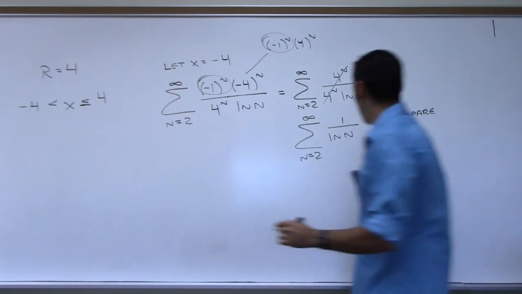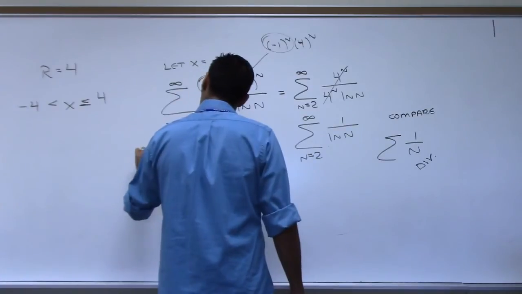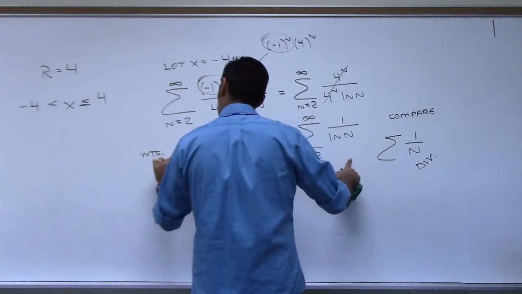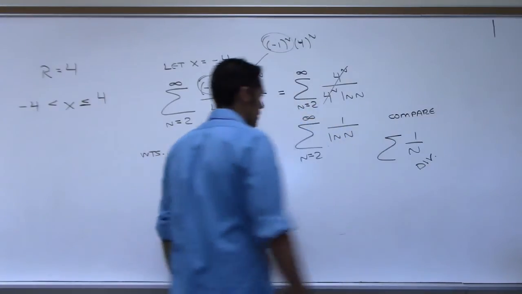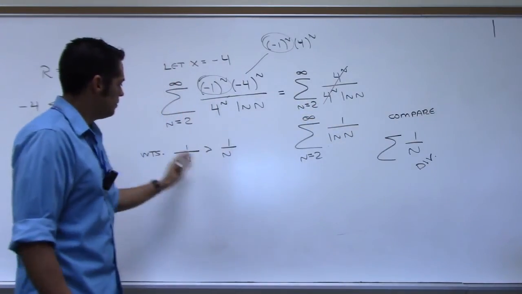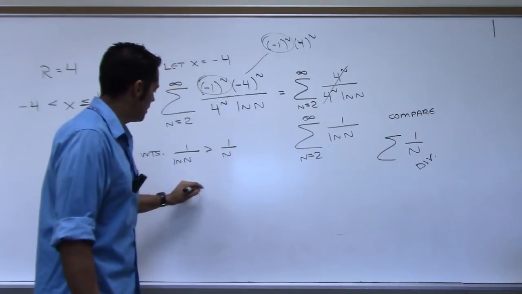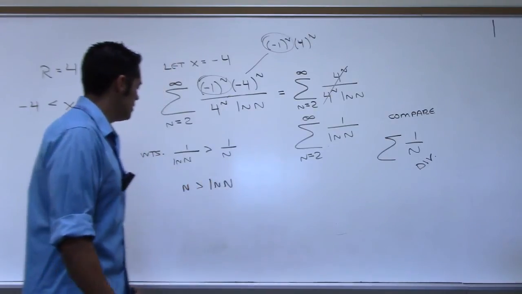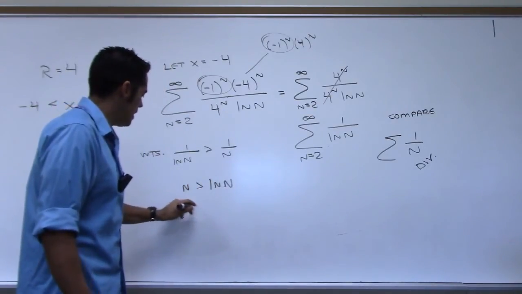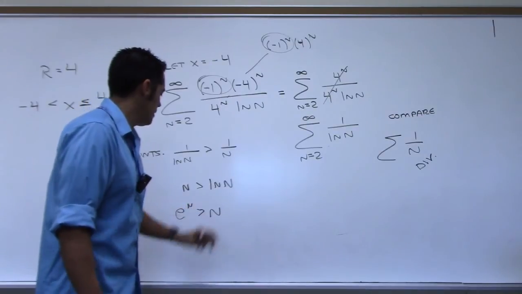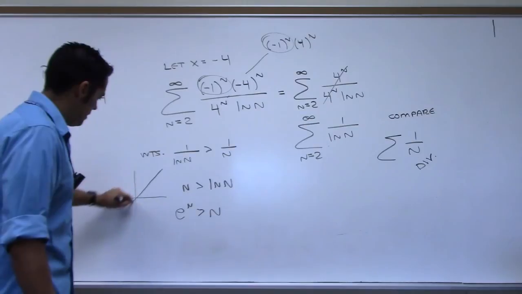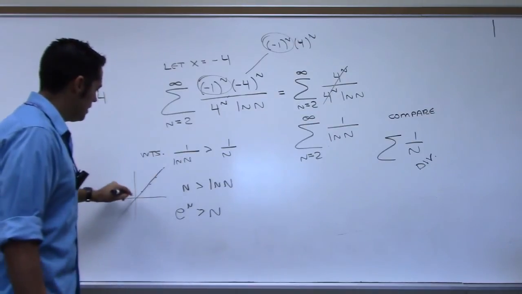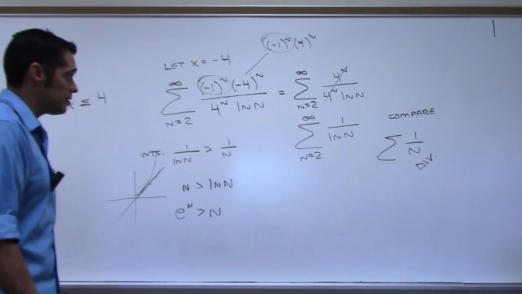So what I want to show is that 1 over natural log n is bigger than 1 over n. And if I do my little thing here, n is bigger than natural log n. You can take e on both sides. E to the n is bigger than n. That's true. I mean, if you just graph those two, this is n, right? But just the dots. E to the n exponential function grows faster.